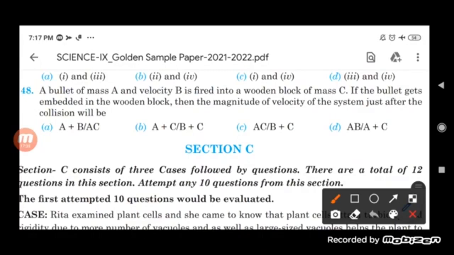So whatever the velocity of the wooden block is, the same velocity will be of the bullet which is attached with it.